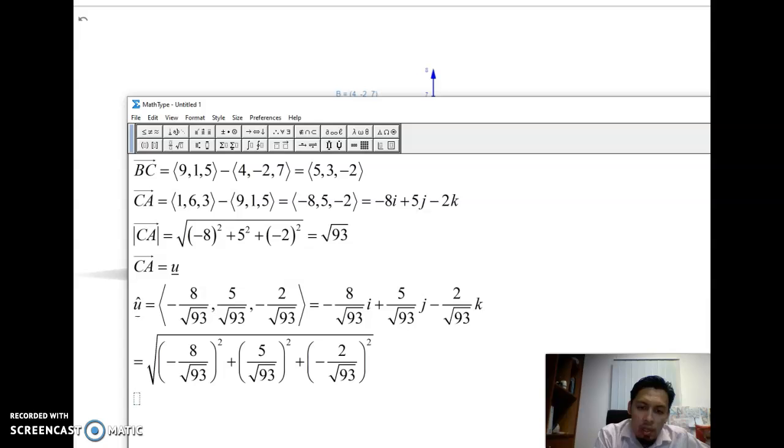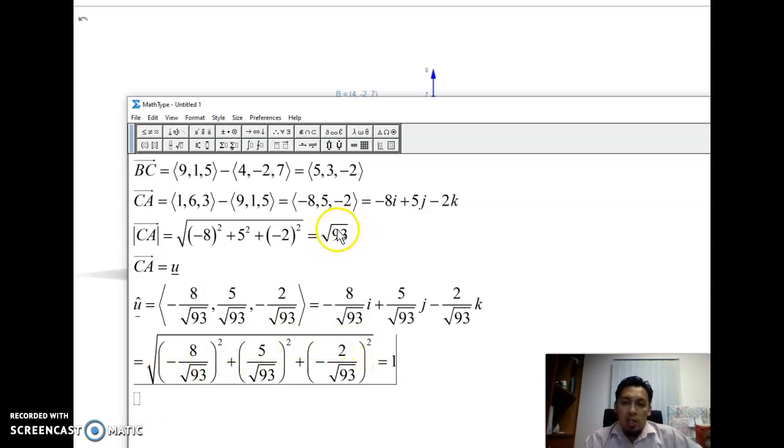When you calculate this, you should get 1. So for a unit vector, just find out the length and divide each of its components by its length. Let's test this concept graphically and see: will the length change to 1?